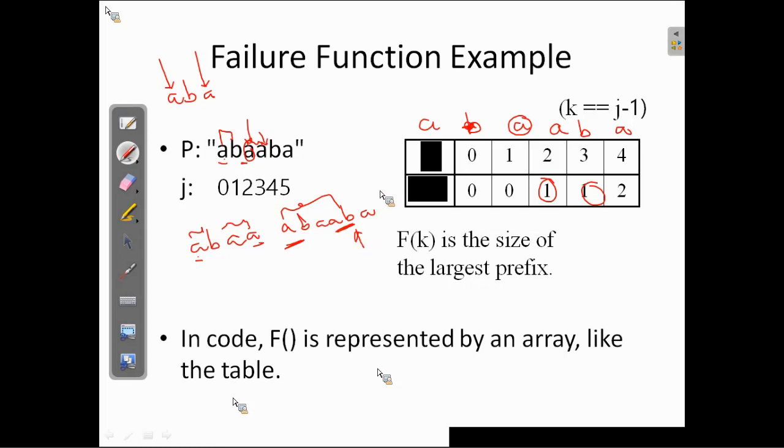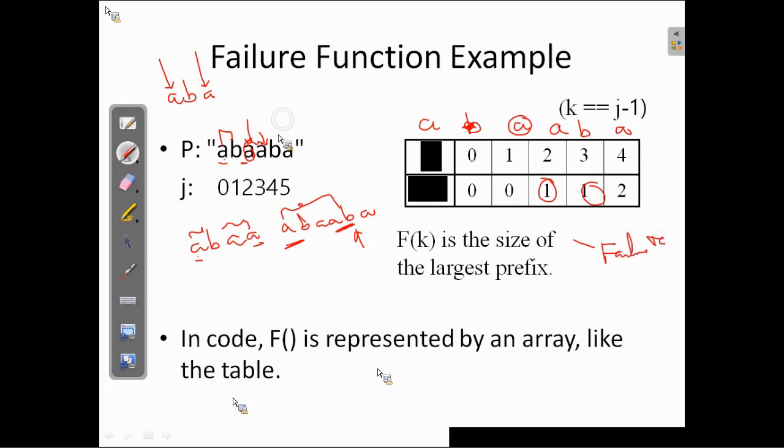There is no way to go further because we have reached the end of the string. We have to compute the largest prefix up to only J minus 1. This is called the failure function, or also called the failure table.